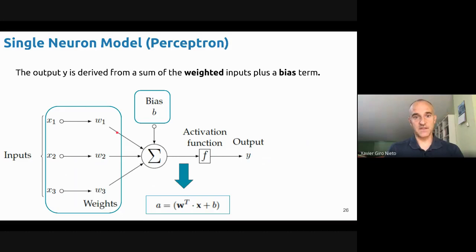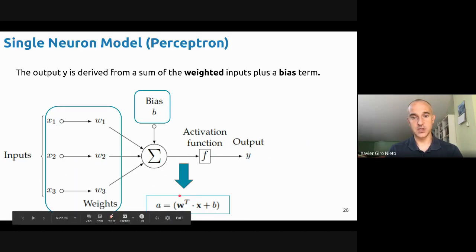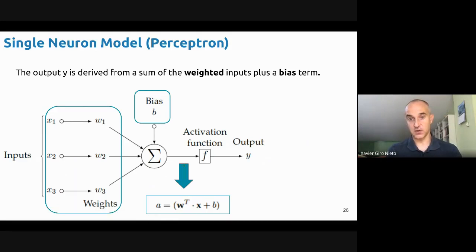Notice that after this first stage, before the activation function, what we have is a linear combination of the input. Here it's a vectorial notation, so the weights multiplied by the vector plus a bias. I guess you can already see that in the end this part of the model is linear. You can think that it's solving a linear regression.